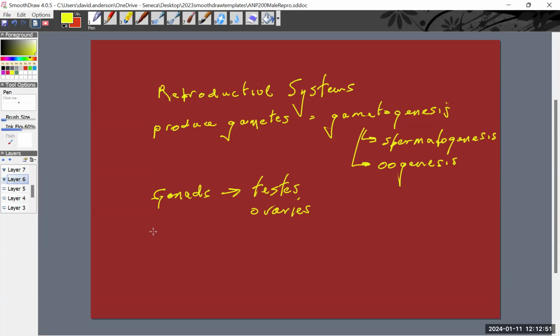And then we need to consider duct systems. That's our pathway. And any accessory glands that may or may not be important, well, in our case, are important to the process of spermatogenesis and oogenesis.